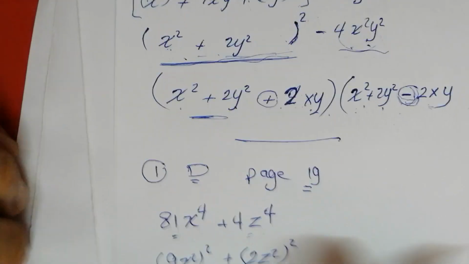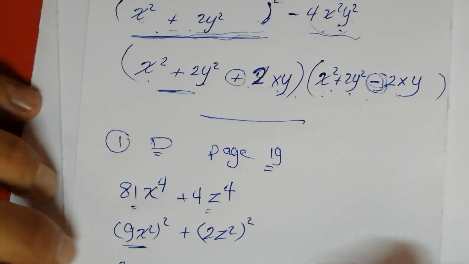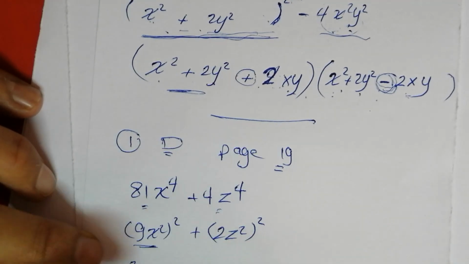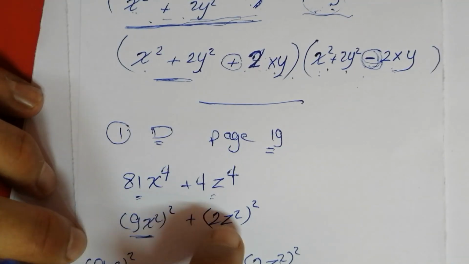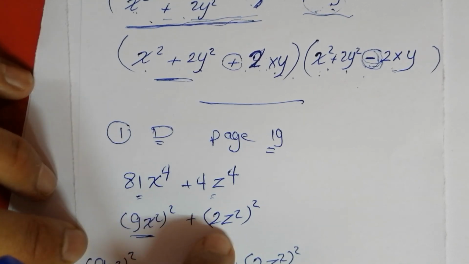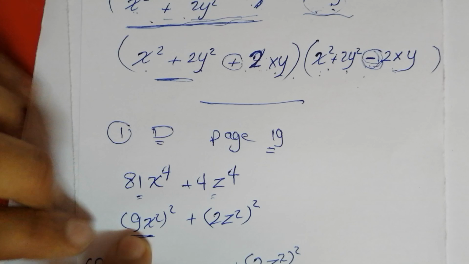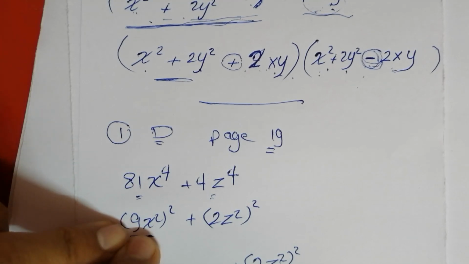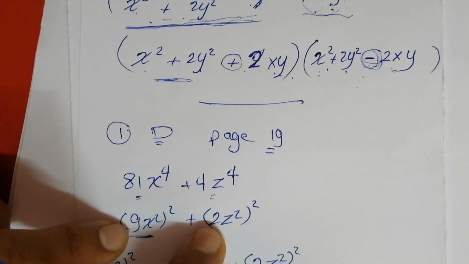So the middle term is 2 by the first by the second. Yes, concentrate very well. 2 by 9, 18, so 18x squared. By the second, 18 by 2, which is equal to 36.